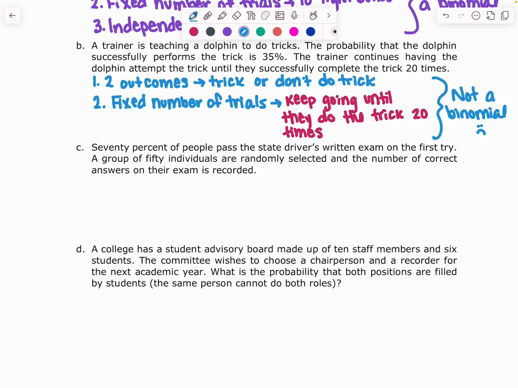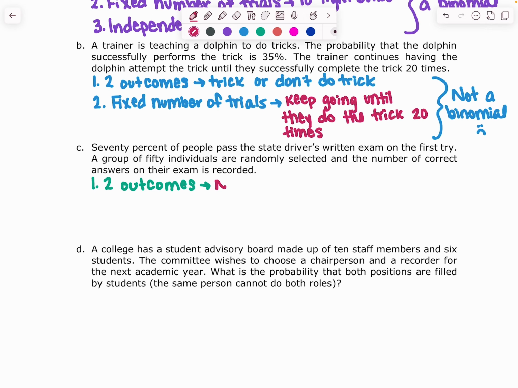Looking at the next one. 70% of people pass the state driver's written exam on the first try. A group of 50 individuals are randomly selected, and the number of correct answers on their exam is recorded. So do we have two possible outcomes?